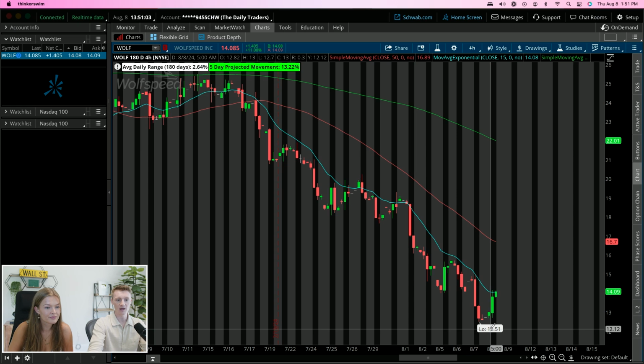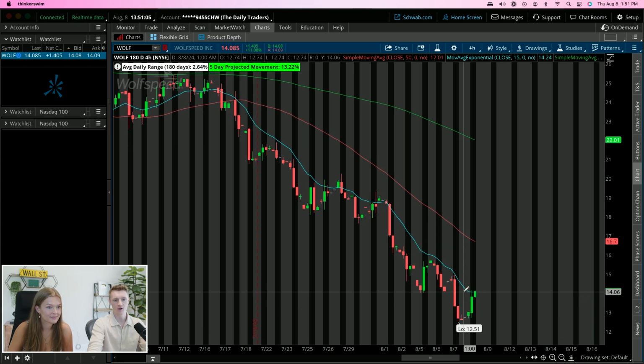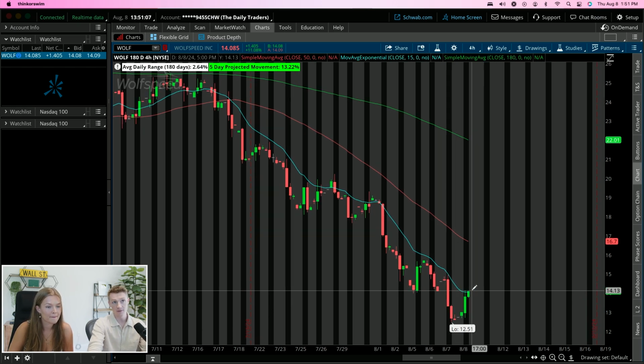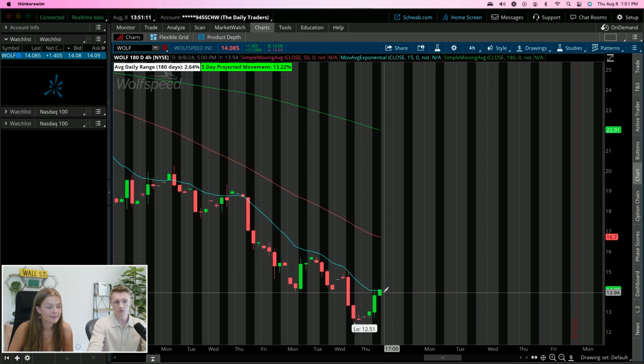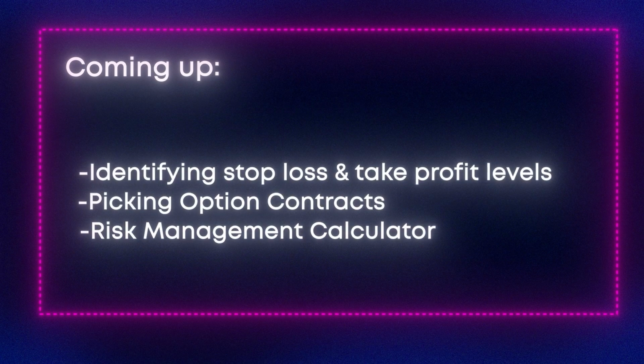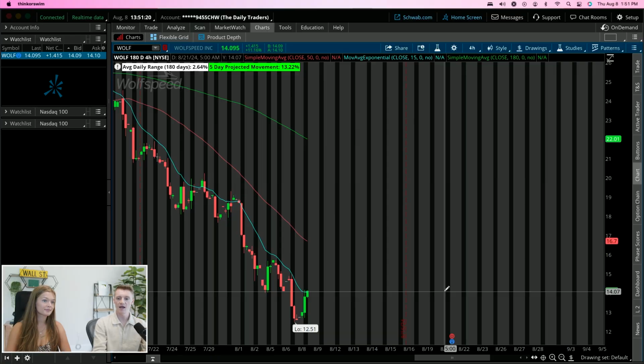So with the pullback play, which you just identified on this chart, we're gonna be looking to trade back down to that all-time low. So we're gonna look to essentially capitalize on this move right here. So the next step is going to be going about identifying our stop loss, which is where we're wrong, and our take profit, which is where we're gonna be right and where we're gonna make money.